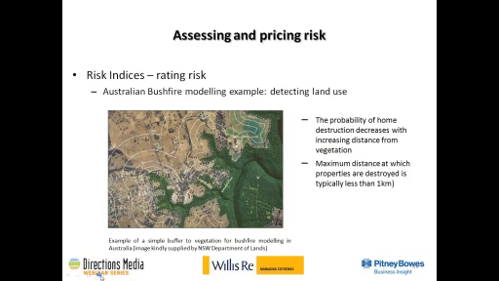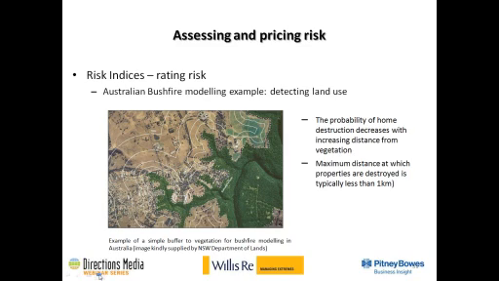One of the key statistics in bushfire is that the further away you are from vegetation, the less likely it is your building's going to be destroyed. That's an obvious spatial pattern, and it just shows what we can build in a risk index. You're seeing polygons there.